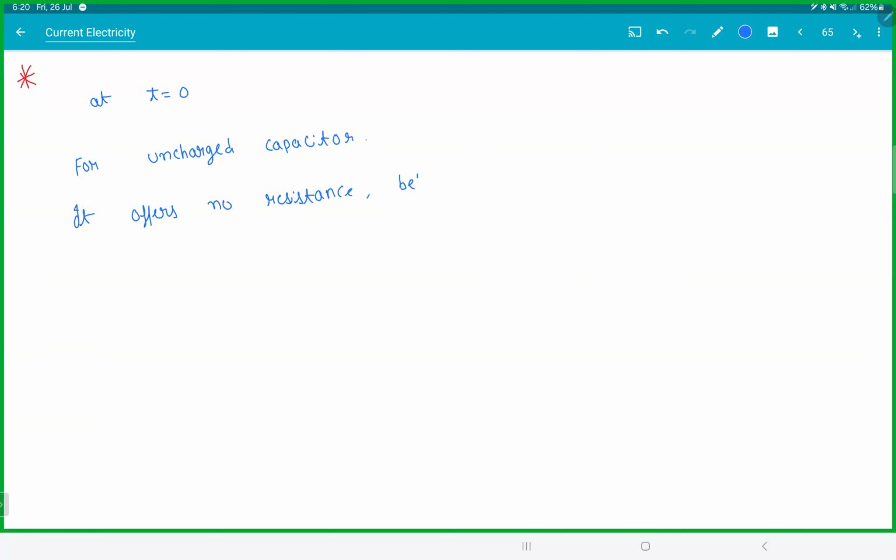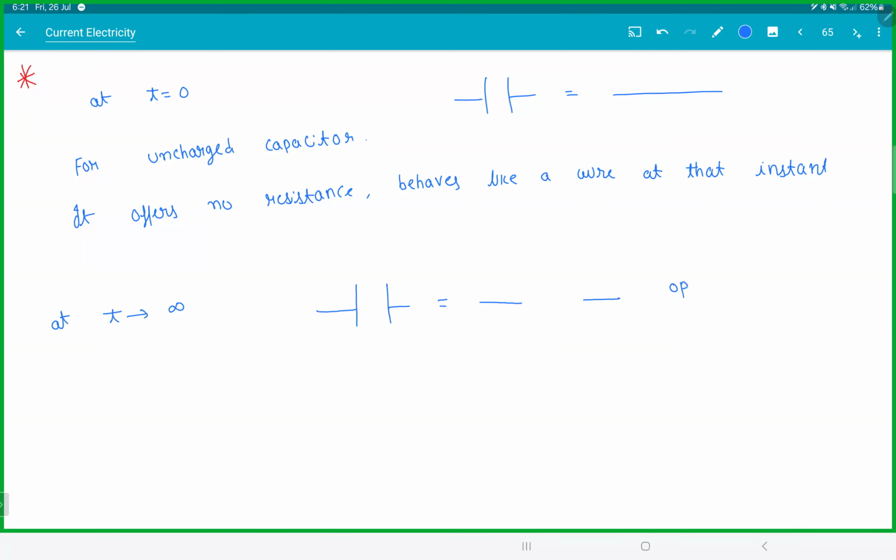So it behaves like a wire for an instant. So if you have a capacitor, you can just make it a wire at t0, only for that instant. At t infinity, a long time, it is full, so it won't let any more charge flow. So this behaves like an open circuit, basically infinite resistance.